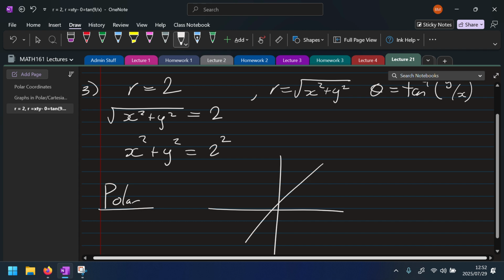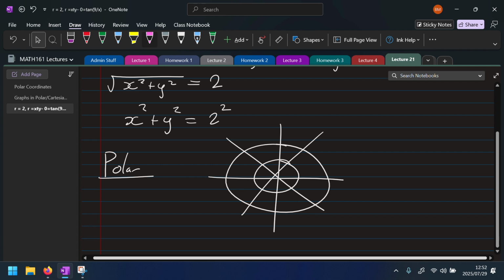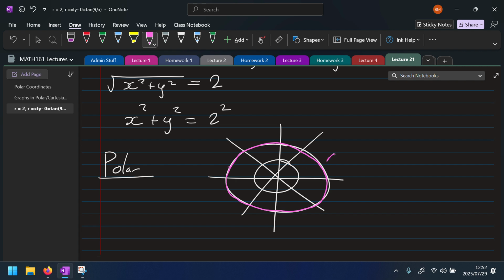We would set up our axes here, and all we do is R is 2. So we just draw in that circle of radius 2. So in polar coordinates, if we have the equation R of theta equals some constant, that's just a circle.